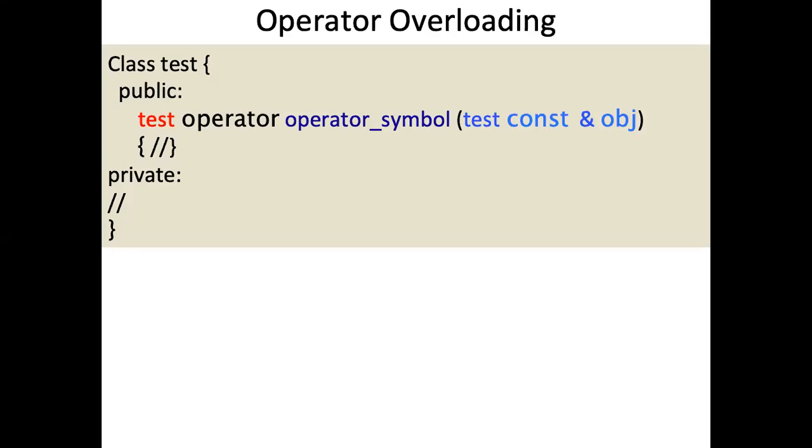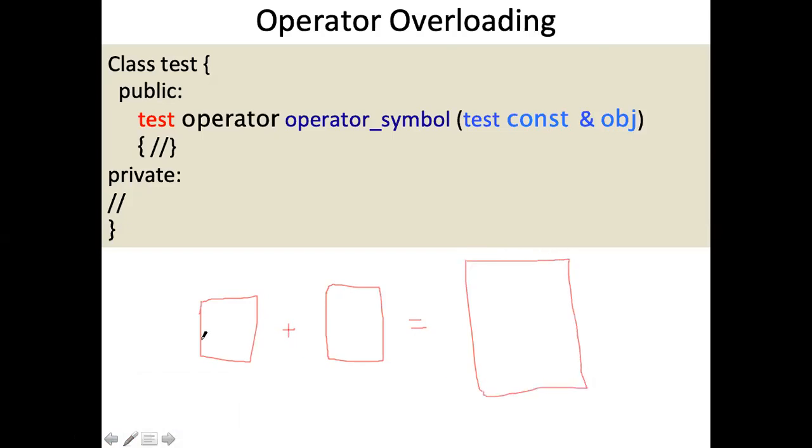The new definition which I've proposed is that when I have two objects b1 and b2, what I want is that when I add both objects, their respective dimensions get added. So I'll get a new box which would have a larger dimension. The two lengths get added and I get a new length, and the two widths get added and I get a new width.